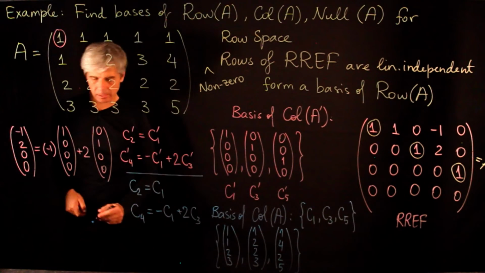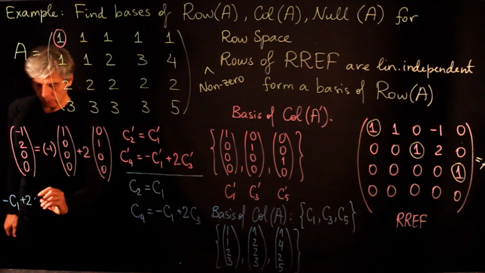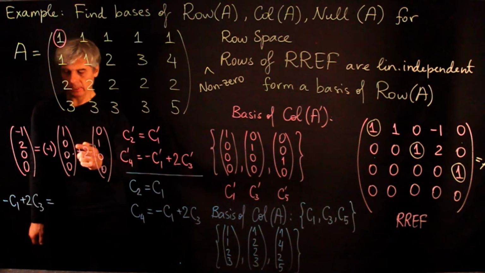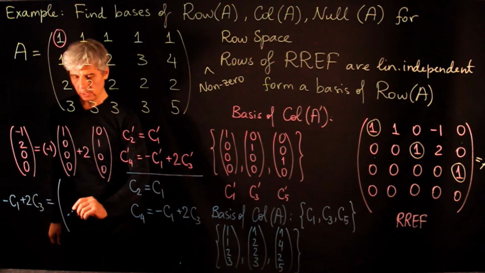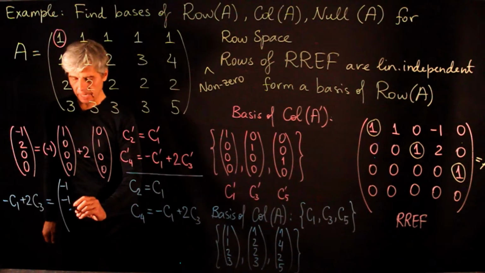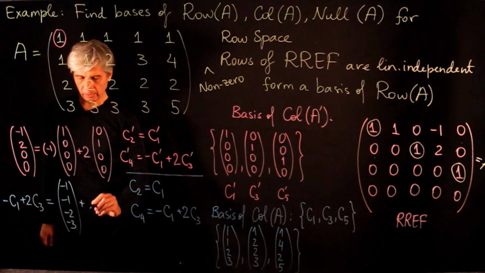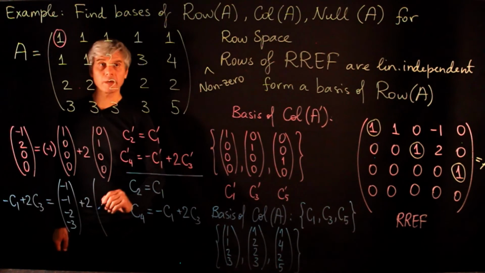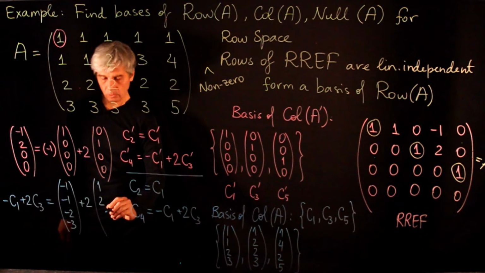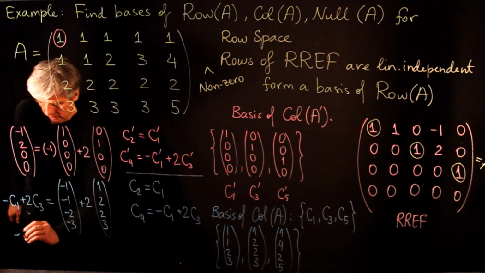Let us verify this relation. We take minus C1 plus 2C3 for the original matrix. Minus C1 is minus 1, minus 1, minus 2, minus 3, plus 2 times column number 3, which is 1, 2, 2, 3. Now let's calculate this.